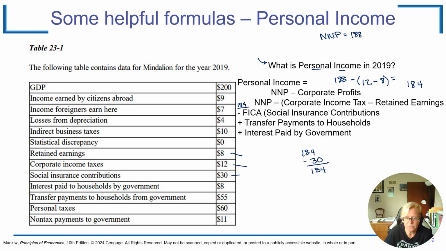I'm going to add in transfer payments to households. Transfer payments to households from governments is 55. So it looks to me like 209. And I'm going to add in interest paid by the government. Interest paid by the government is 8. So I end up with personal income of 217.